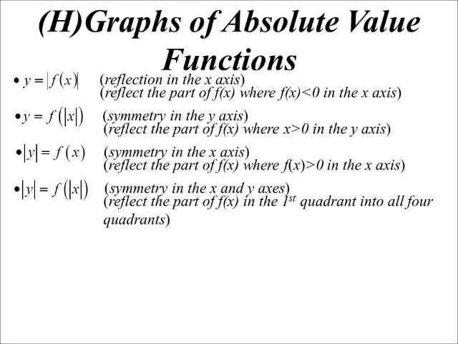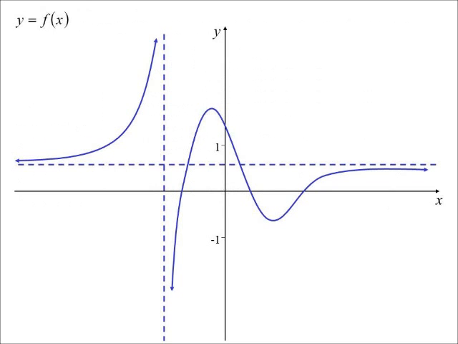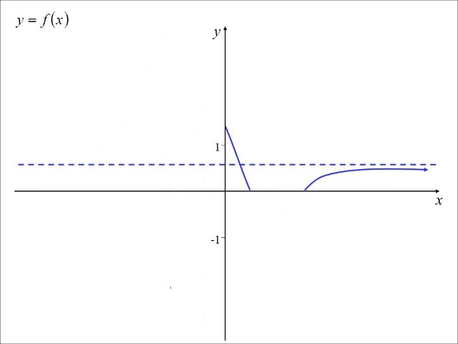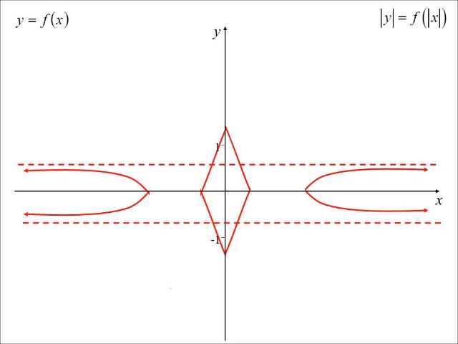That's where everything's positive, and that's going to get reflected into all 4 quadrants. So here's my random one. It's just that piece I'm interested in, the first quadrant, and it'll get reflected in all 4. Oops, left a little bit over there, but that's okay. So that is absolute value of y is equal to the function absolute value of x.